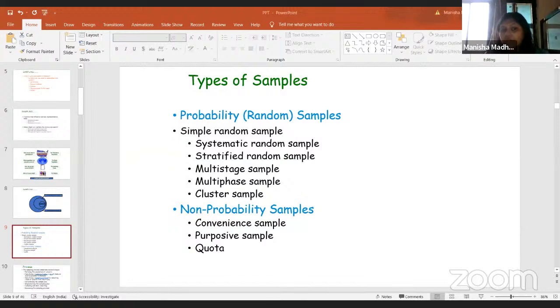And the next one is your multi-phase sampling. So here the process is very much similar to multi-stage sampling, that is primary selection, secondary selection, tertiary selection, and so on. However, in multi-phase sampling procedure, each sample is adequately studied before drawing another sample from it.